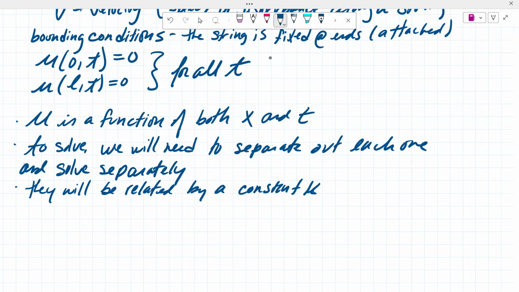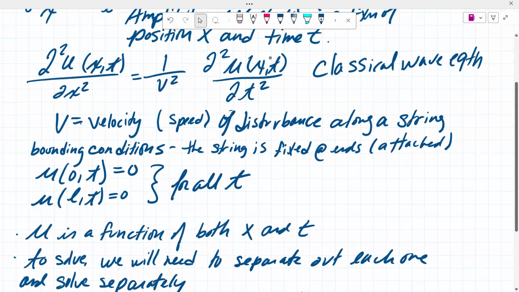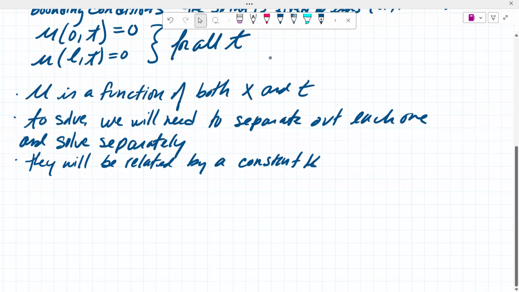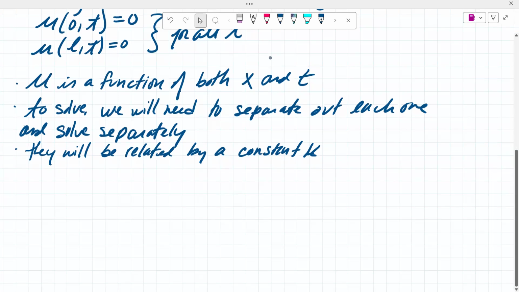So now we need to work on the separability. Here's our equation. This has two variables, and we cannot solve with two variables using anything we've done before. So next we're going to need to apply separability.